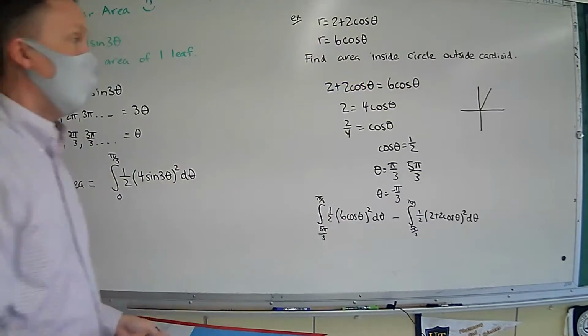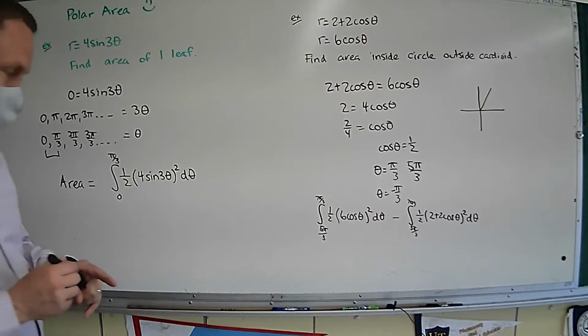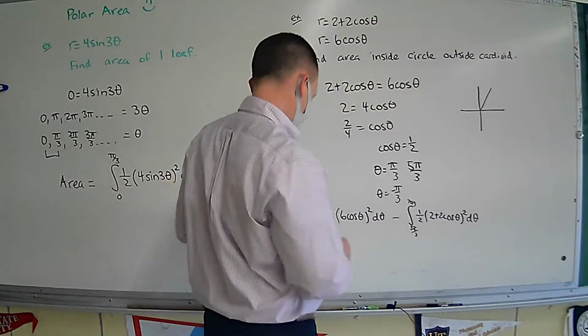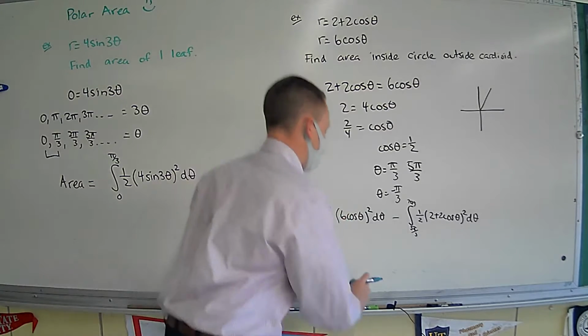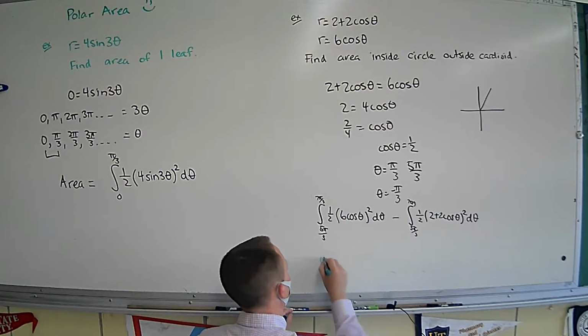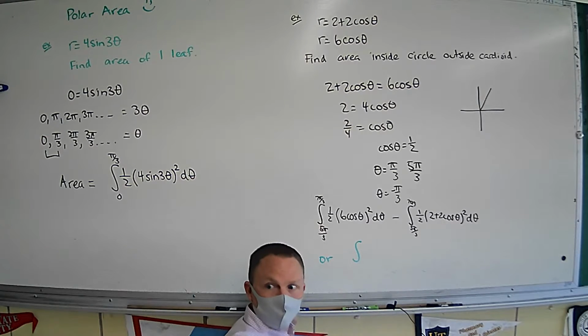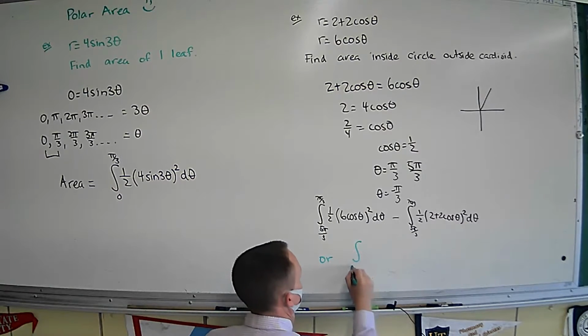All right? And if you wanted to, you could combine these into one, and it would look like this. Or the integral from, and I'm going to change the bounds to use, who was the one that gave me negative pi over 3? Oh, Alex.